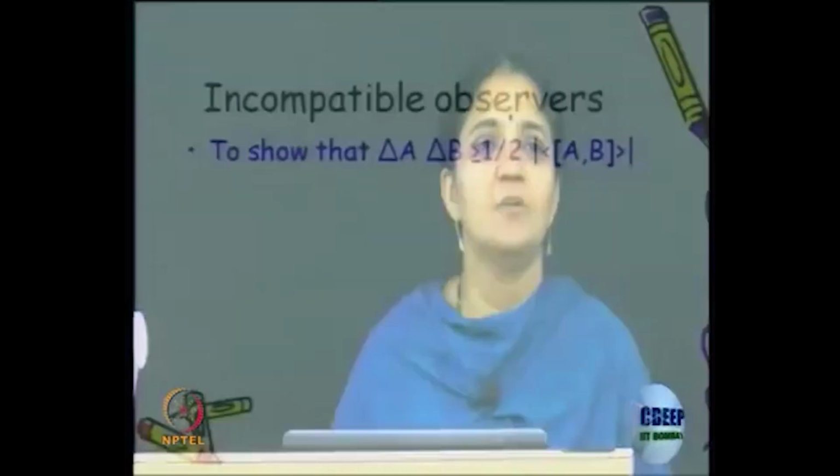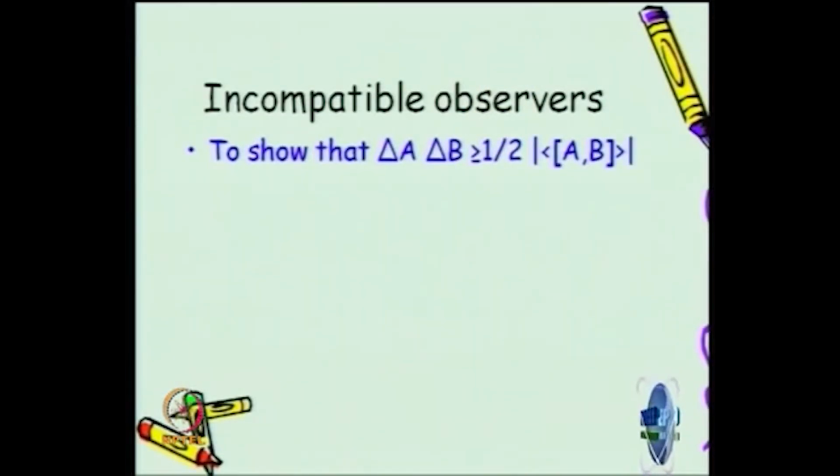Non-zero, right? So this is what we saw, that the standard deviation of operator A multiplied by the standard deviation of operator B should be greater than or equal to the expectation value of the commutator bracket. If they are compatible, then it will be zero.